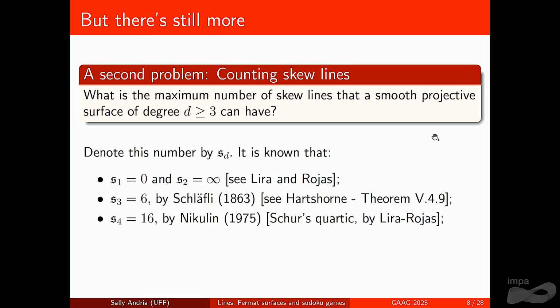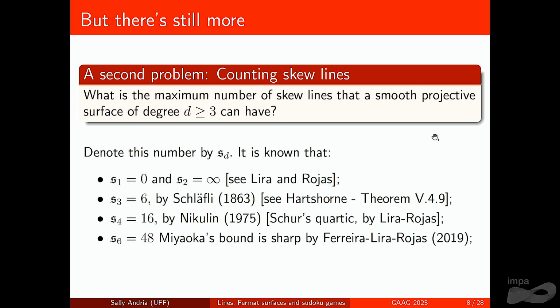For degree 4, it's 16 by Nikulin, and Lira and Rojas proved that the Schur quartic is an example that attains these 16 skew lines. And for degree 6, Miyaoka's bound gives 48 lines, and Ferreira, Lira, and Rojas, studying the family of Boissière and Sarti, proved that a surface of degree 6 in this family contains at least 48 skew lines.